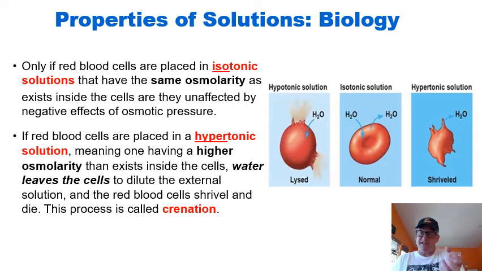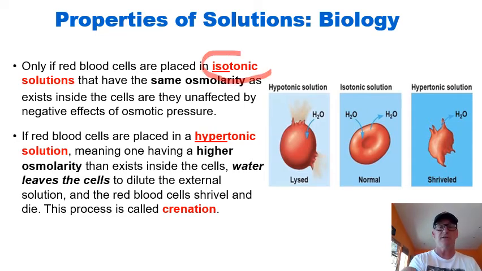So this shows what will happen to some of the cells in your body under different concentrations of solute. An isotonic solution, as you might know, has the same osmolarity that exists inside the cells. So the concentration of all the solutes inside the cell and outside the cell are the same.